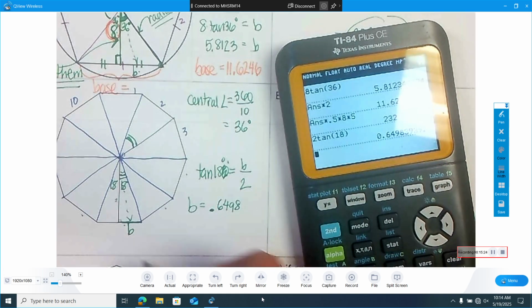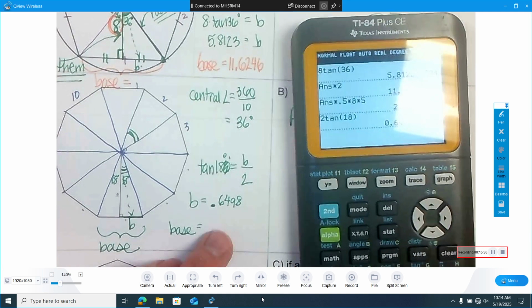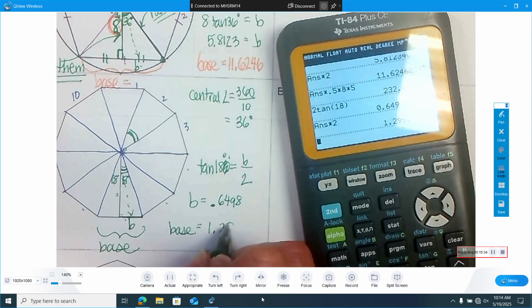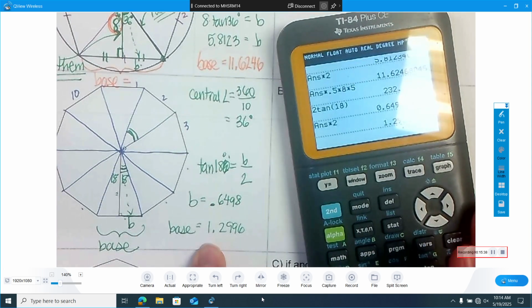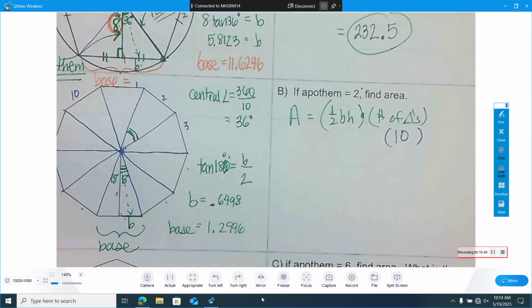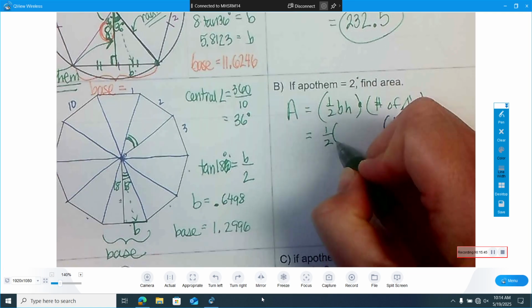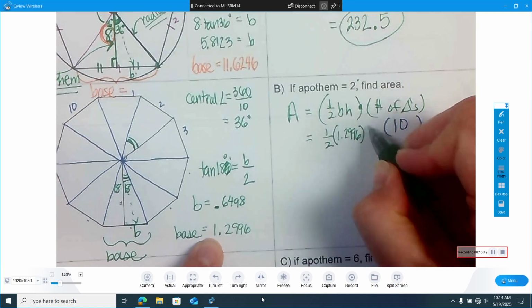0.6498. And now what we really need is the whole base. What is our whole base? Times it by 2. Good. So we get 1.2996. All right, so now we have our whole base. And so in my formula here, we're going to use 1/2 our whole base, which is 1.2996, times our height.